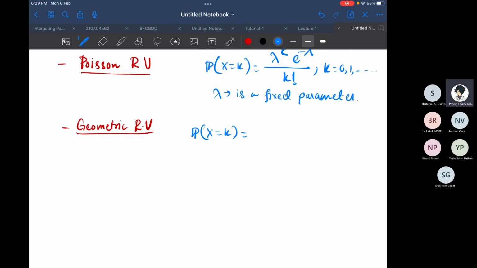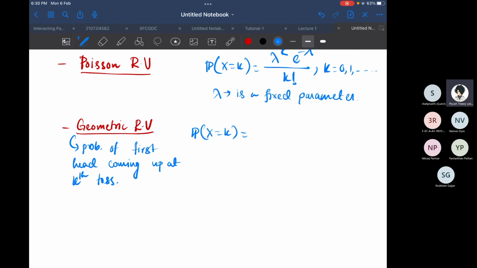Let me write it. Probability of first head coming up at kth toss.